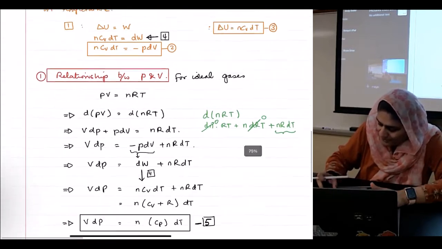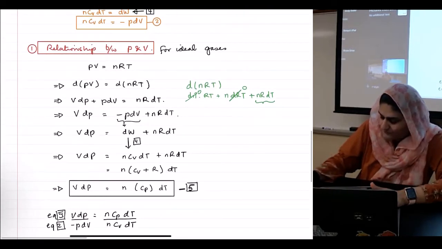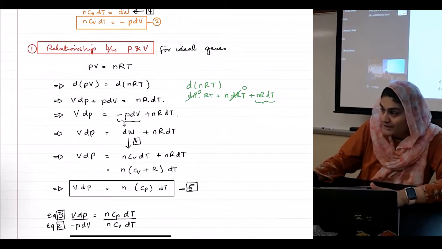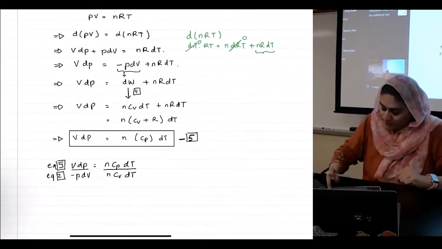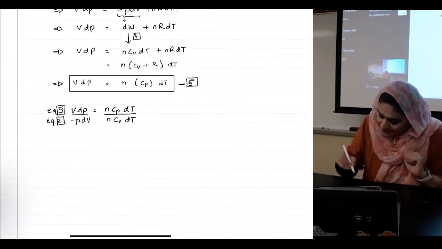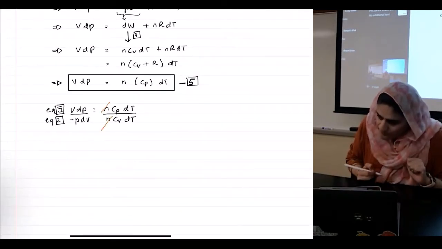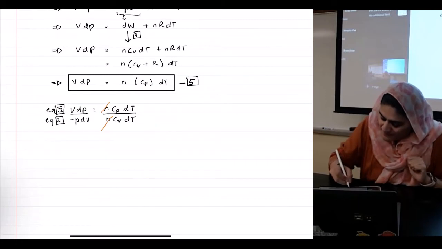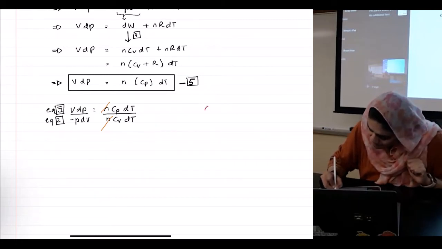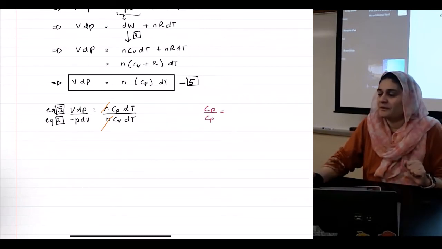Was my equation 2 that? Yes? Okay, so what will I get? The n's will go away. What was CP over CV from last time? Can someone tell me? We defined it as something. Did we call it adiabatic ratio or exponent or something like that? What did we call it?